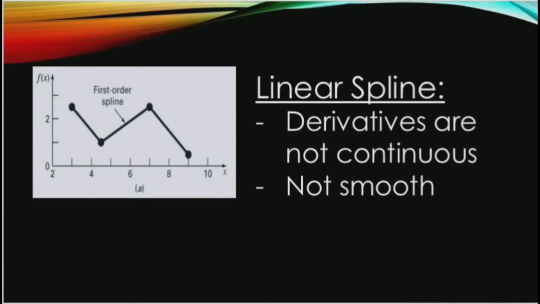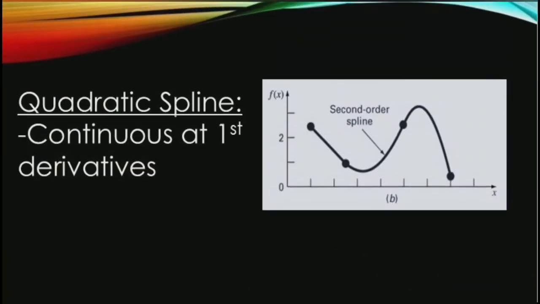First order splines find straight line equations between each pair of points that go through the points. Then we have the quadratic splines, continuous at the first derivative. Second order splines find quadratic equations between each pair of points that go through the points and match first derivatives at the interior points.